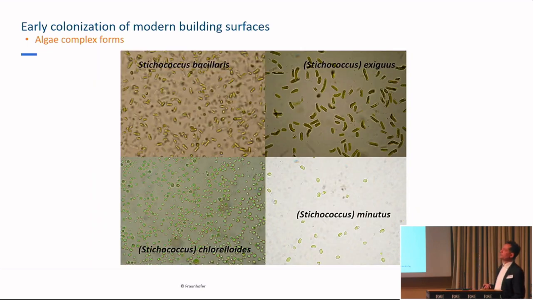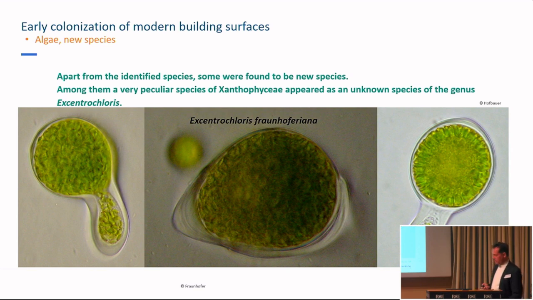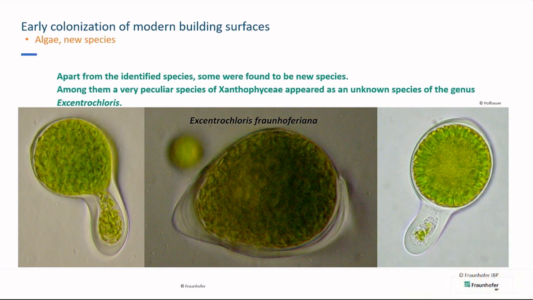There are other critical forms, complex forms, like the genus Stichococcus, who usually forms the type alga, Stichococcus bacillaris, small, really very small rods. And now taxonomists have found out that all the others belong to different genera. Here now, during the investigations, we found a form that we could not identify from the literature, and so we found out it's not described yet.